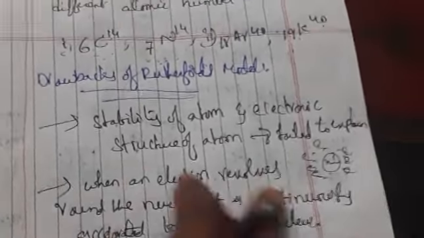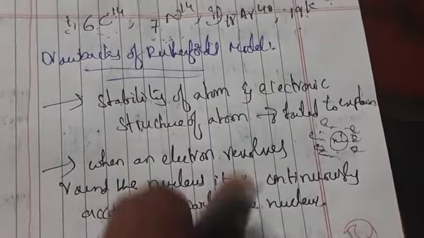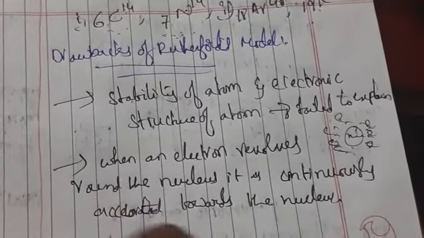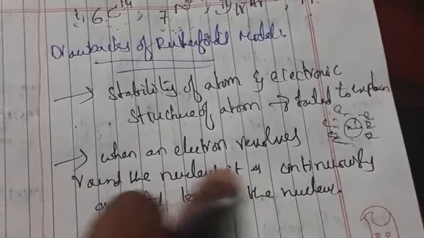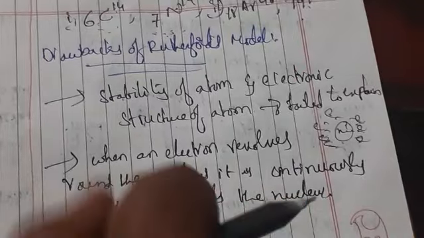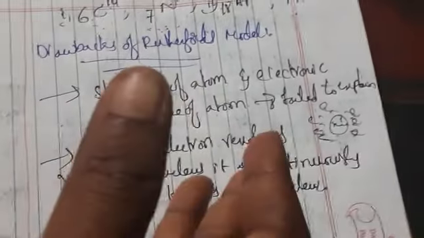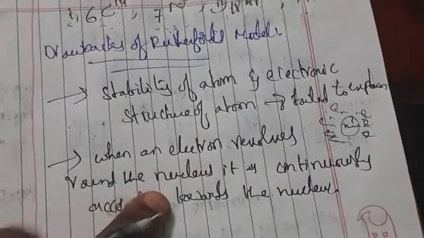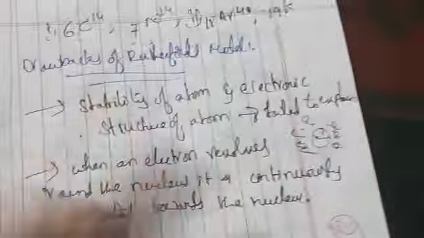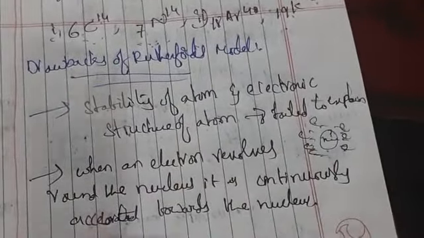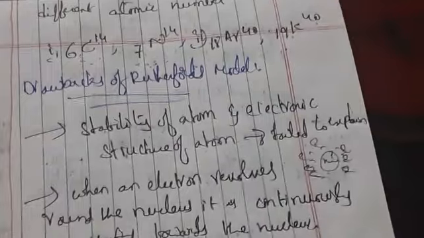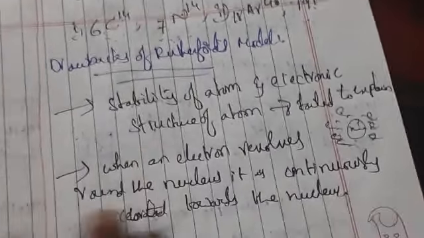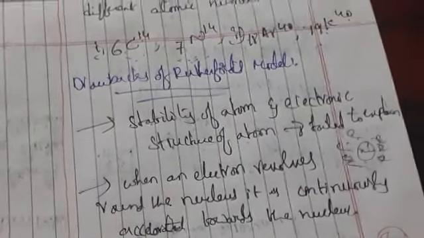According to electromagnetic theory, this accelerated electron should radiate energy continuously and follow a spiral path. So what will happen? The electron will fall into the nucleus, which means the atom should collapse. This should not happen. Also, the electron emits energy continuously, so the spectrum we get should be continuous. But we have seen that the atomic spectra are discontinuous. So these are the drawbacks of the Rutherford model.